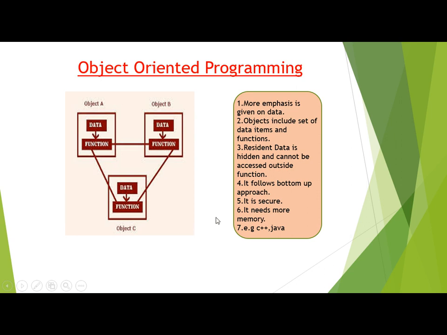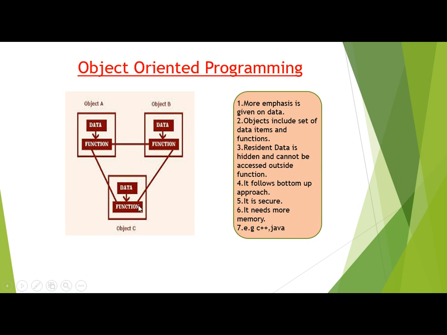One very important point regarding object oriented programming is that resident data is hidden and cannot be accessed outside the function. It means if there is any data inside this function, then it will not be accessed outside this function, by another function.